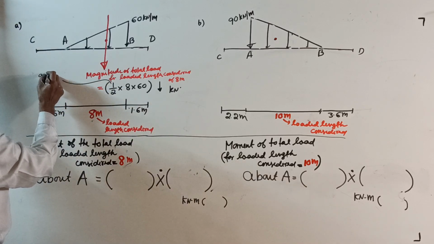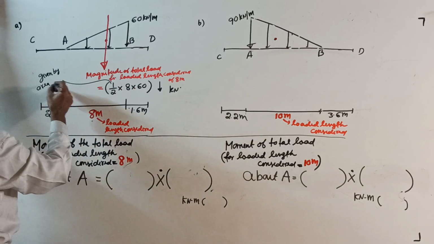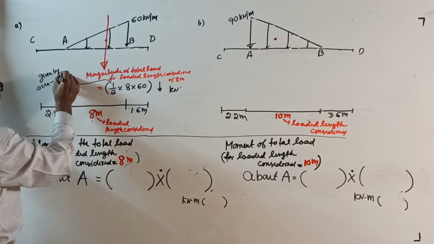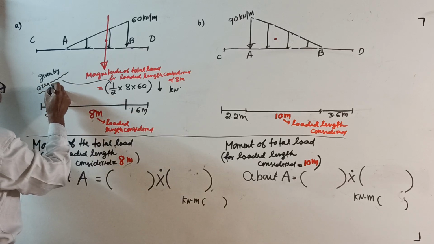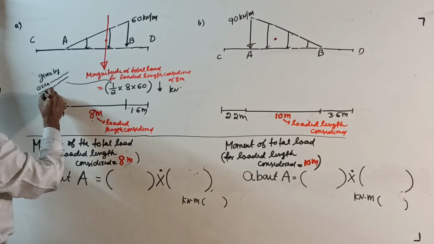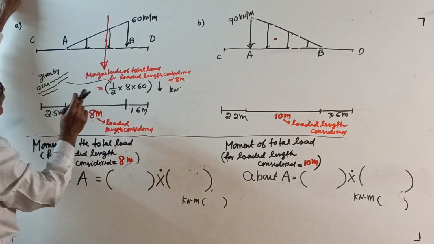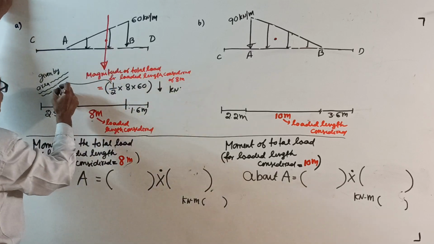Given by area. I am dictating now: area of the diagram representing the load for the loaded length considered, that is the area of the right angle triangle for base length of 8 meter, is half into base into height. You write.